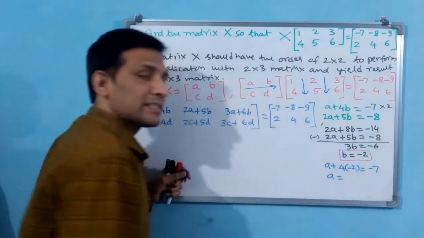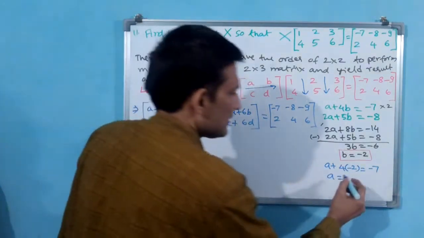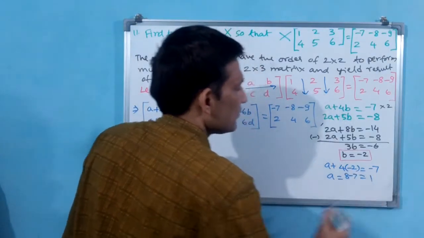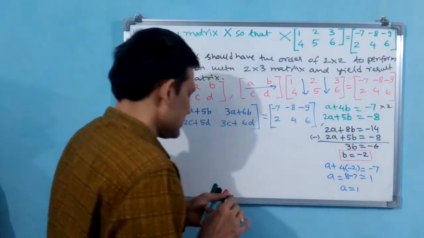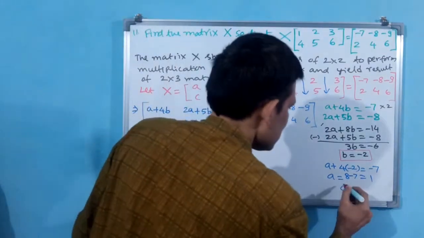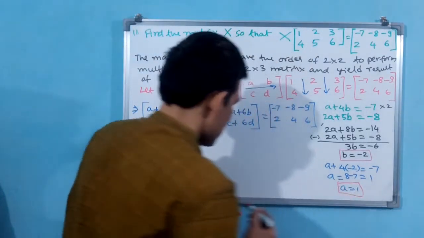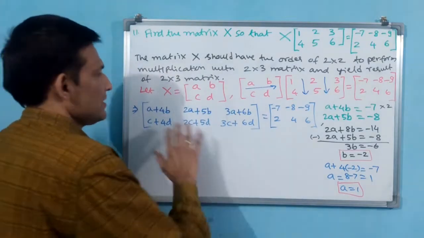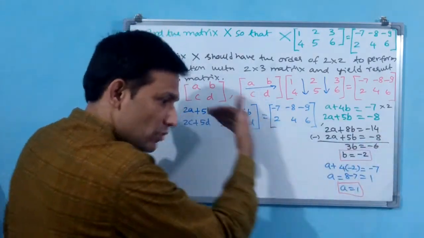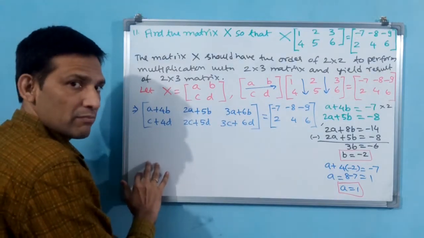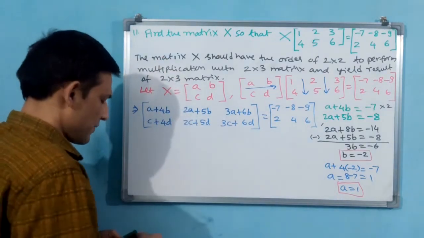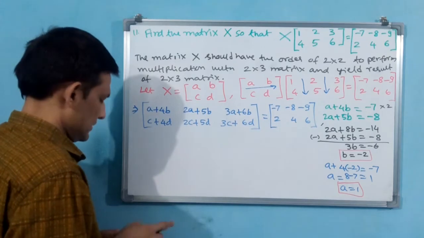Minus 8 if it goes to that side becomes plus 8. 8 minus 7 is equal to 1. That means A is equal to 1. This also you box. I am writing at the side, but you have to write it down. The next equations I am doing here, but you have to do all of them down. Like that you practice.